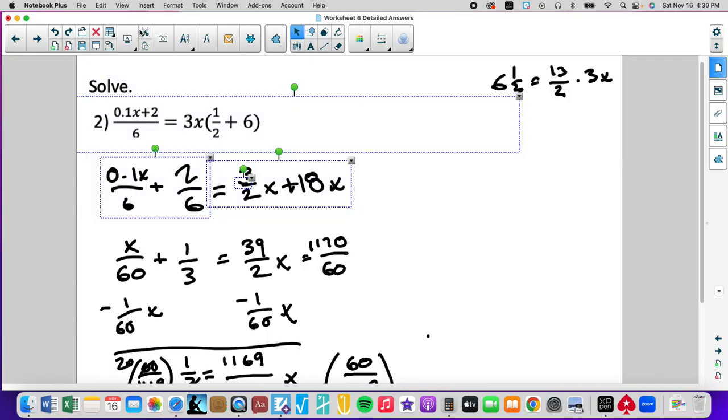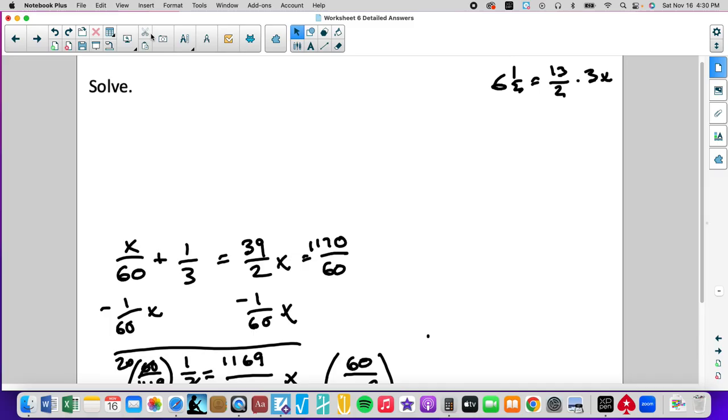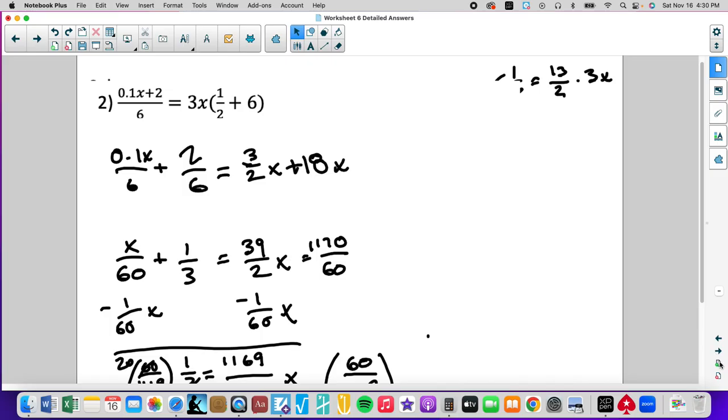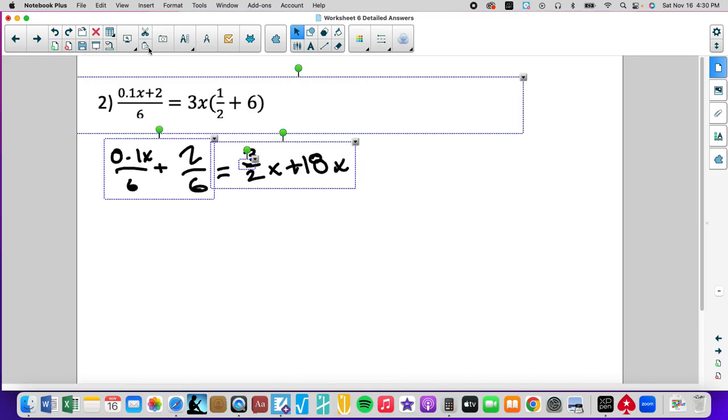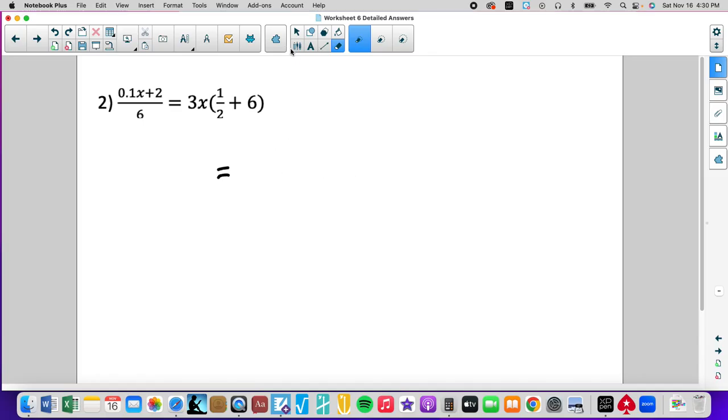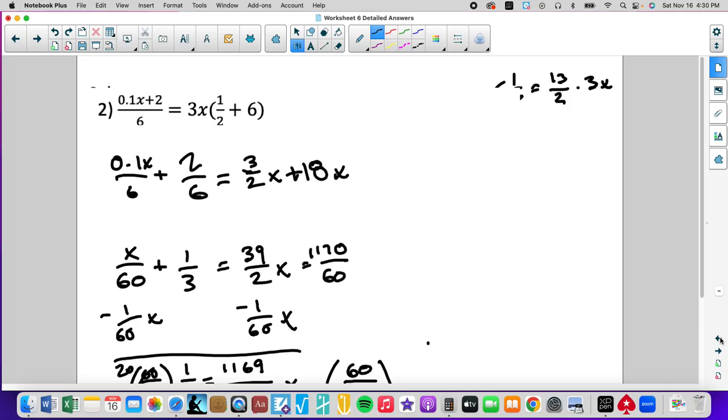Let's copy it. Not cut, paste. Let's go to a new page and paste. And let's make this 39 over 2x, which is what we said, right?